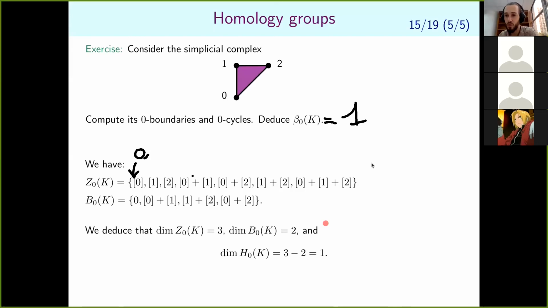So when you will be used to compute homology, this exercise will only take you 1 second. You look at the simplicial complex, you see that it has 1 connected component, and so you can say that beta 0 is 1. And that's how in the first tutorial I computed the number of connected components simply by taking the Betti numbers.